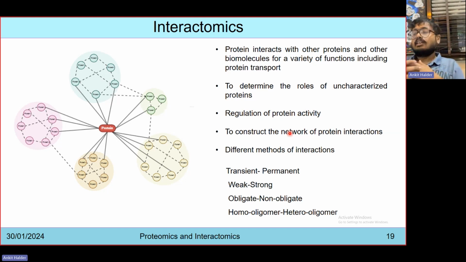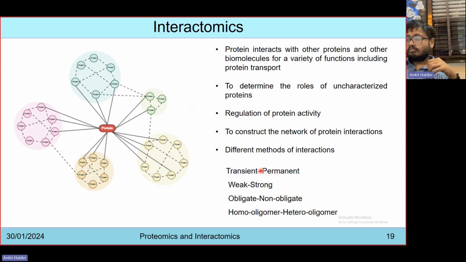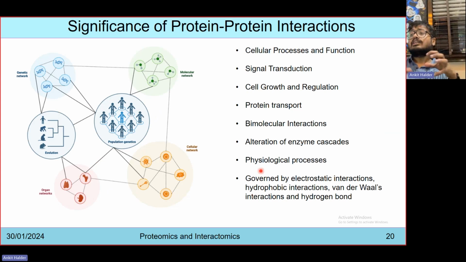So the different types of interactions that we can think of in this particular field are like transient or permanent, weak, strong, obligate, non-obligate, homooligomer or heterooligomer. These are different types of interactions that are possible and that can be taken forward. So there is huge significance here.